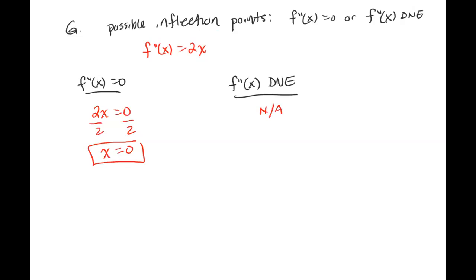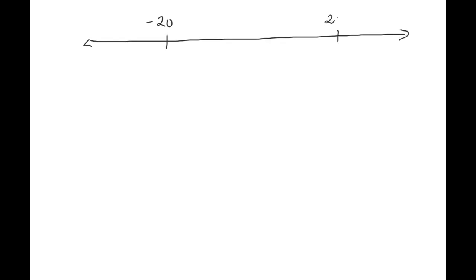Let's put all that on a number line, or perhaps 2 number lines. This is my number line for f prime. So I'm going to put the critical numbers on there. This divides the x-axis up into 3 intervals: negative infinity to negative 20, negative 20 to 20, and 20 to infinity.